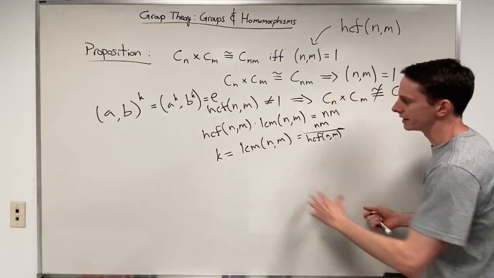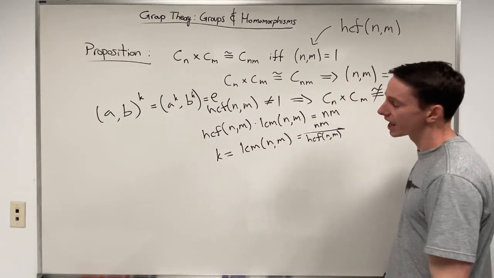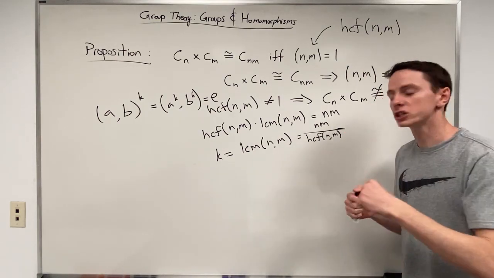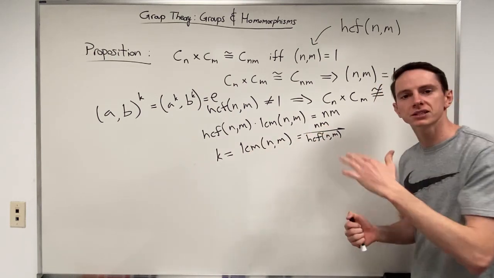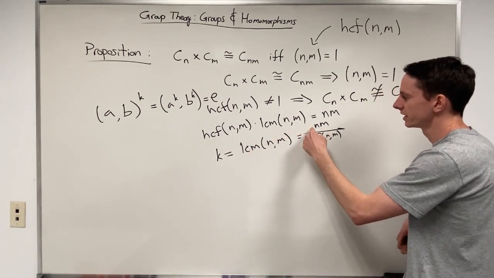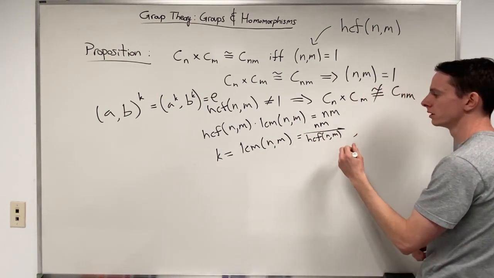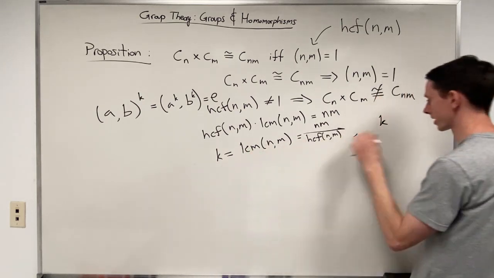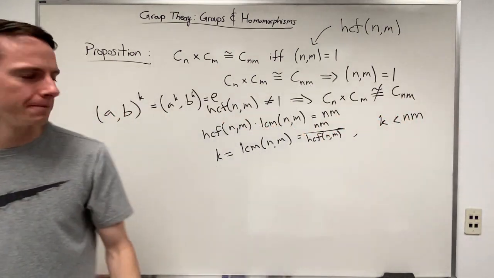That tells us that within this equation, which is always going to be true for any two integers n and m, if the denominator here is larger than 1, the corresponding least common multiple is going to be n times m divided by something larger than 1. In other words, the least common multiple is inherently less than n times m. And that's going to be important, because if k is the least common multiple, and the denominator is no longer 1, that provides the condition that k needs to be strictly less than the product n times m. All right?